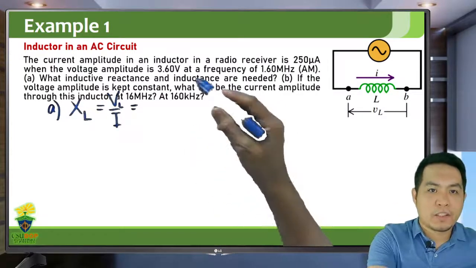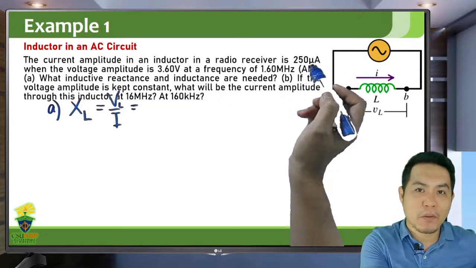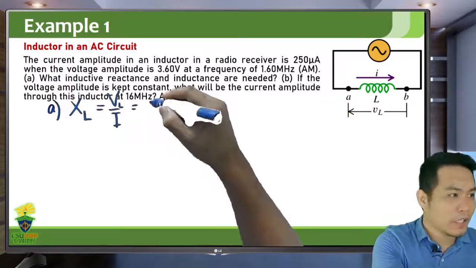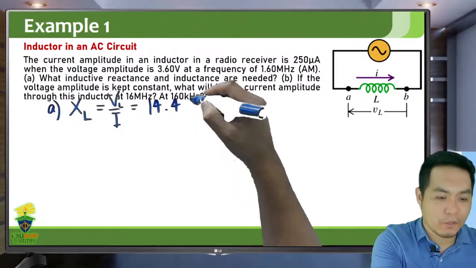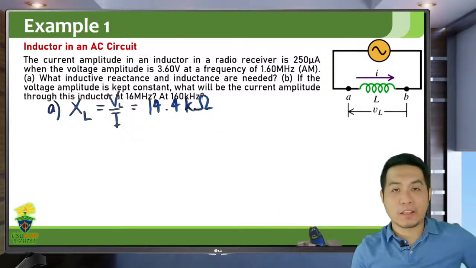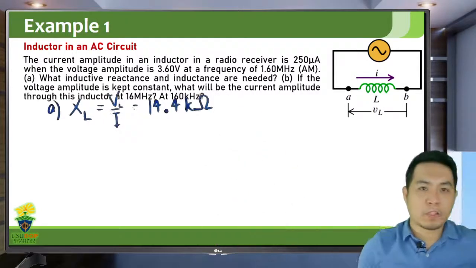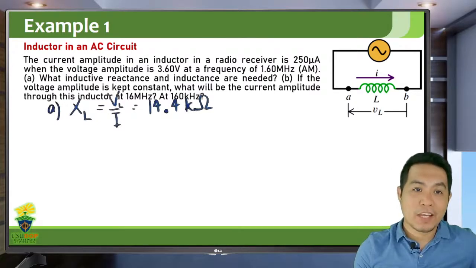So you divide 3.60 volts by 250 microamperes. Micro means times 10 to the negative 6. You will get 1.44 times 10 to the 4 ohms, or 14,400 ohms, or 14.4 kilo ohms. So that's for letter A. That is the inductive reactance.